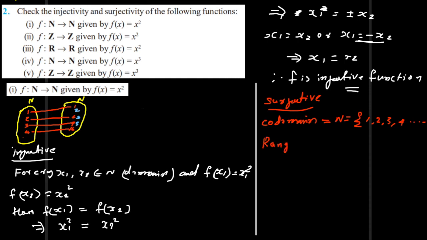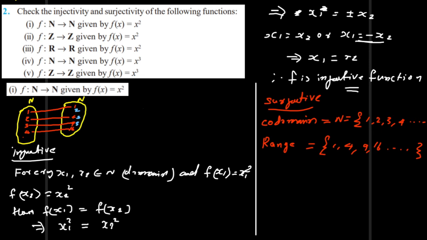The range set is only the mapping 1, 4, 9, 16, etc. So here check whether range and codomain are equal. If range and codomain are equal, then we can say that f is surjective or onto.